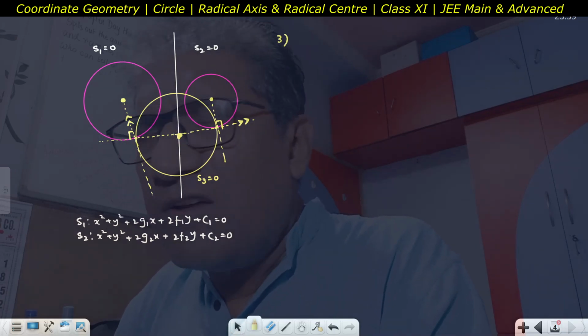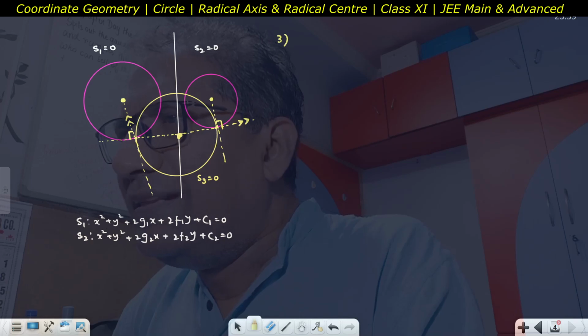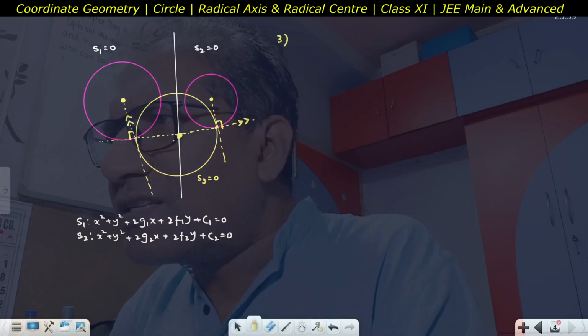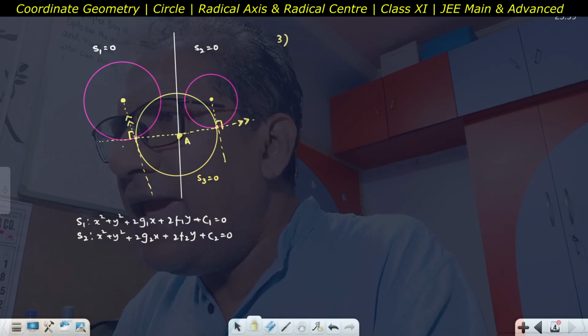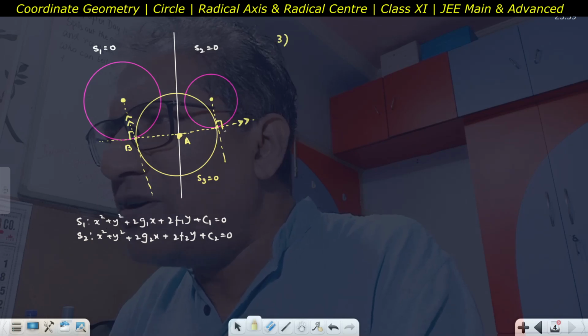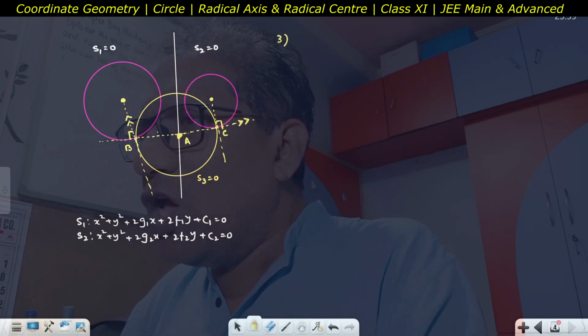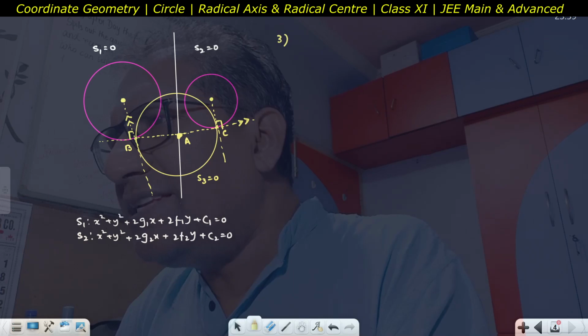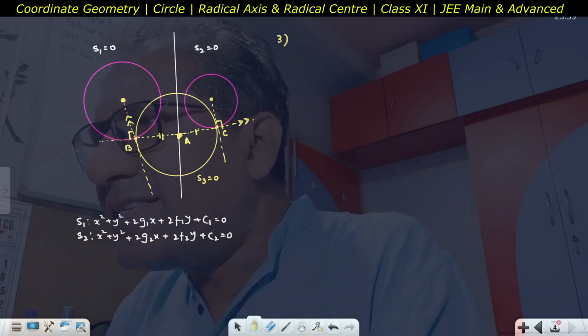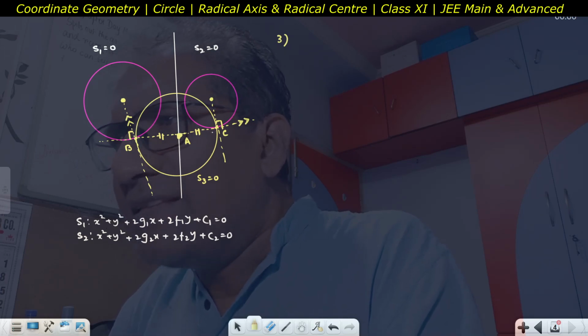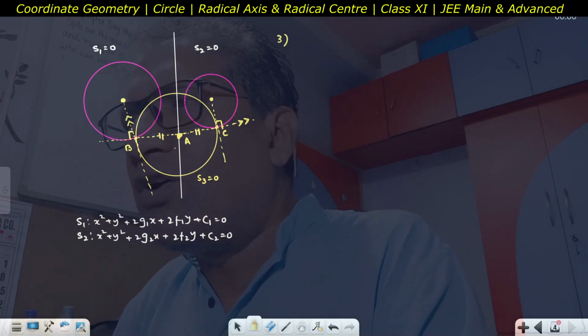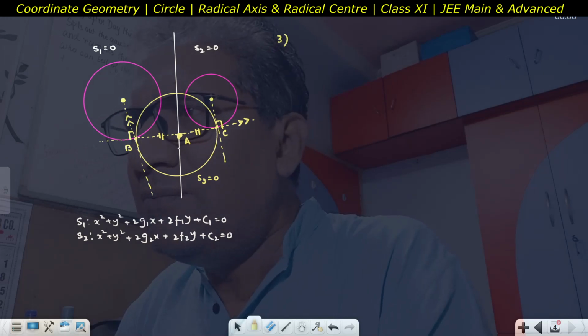Therefore, you observe carefully, these are the two tangents. Let me give names. Let me say the center of this circle be A, and this point of intersection be B and this point of intersection be C. So now we can see that AB and AC, these two lengths, are the same. Why? Because they are the radius of the same circle.